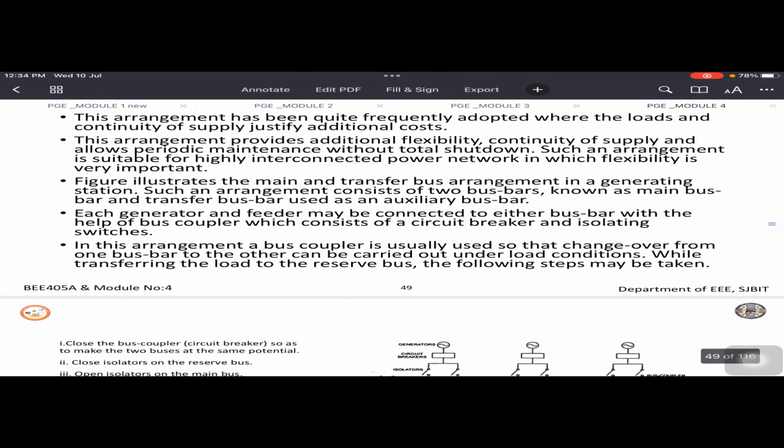Most substations employ one main bus and one duplicate bus bar. Why? Because the continuity of supply has to be maintained at all times, and this arrangement provides flexibility, continuity of supply, and allows periodic maintenance.